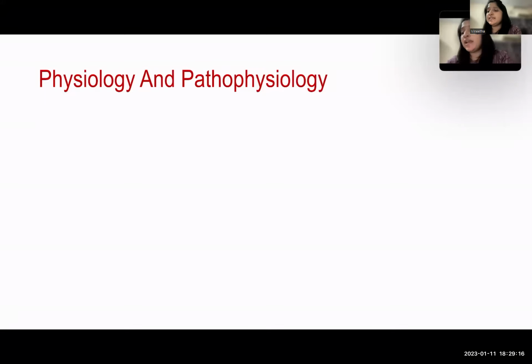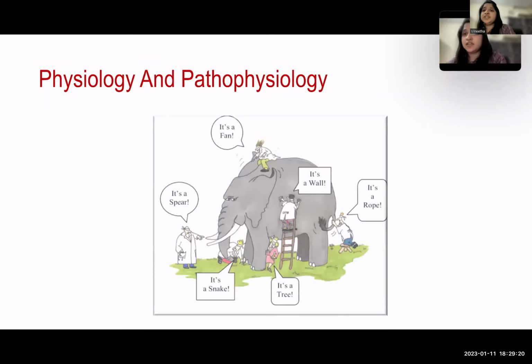You know why it is important to learn physiology? Do you know this story? Everybody knows this. If you don't know the physiology and pathophysiology and you are treating a pain patient, it is like this. Each one of you will perceive it as something else. One will perceive it as a nociceptive pain, one as a neuropathic pain, one will perceive the patient is functional, one will perceive the patient is malingering.